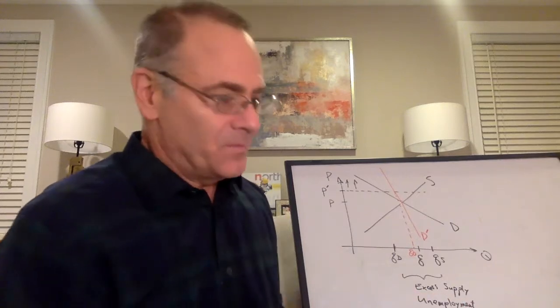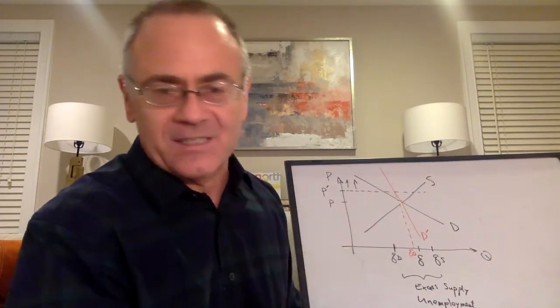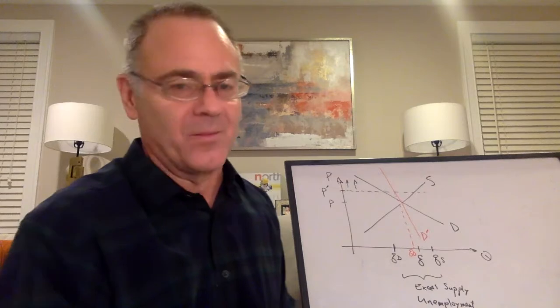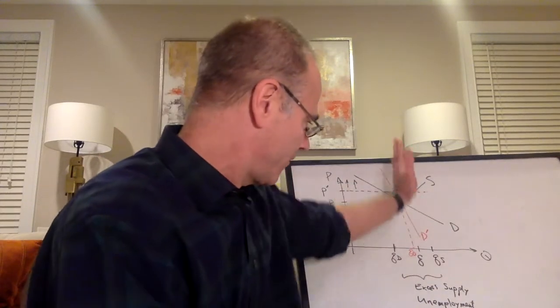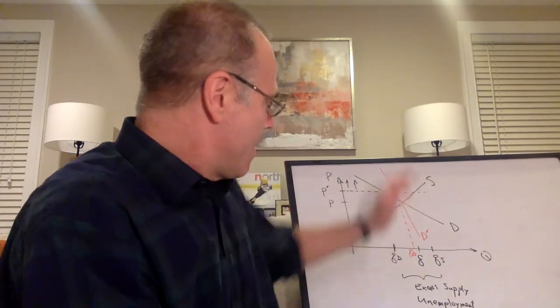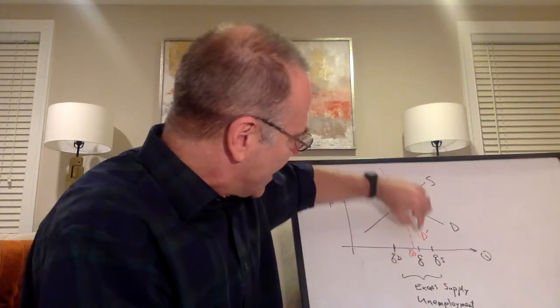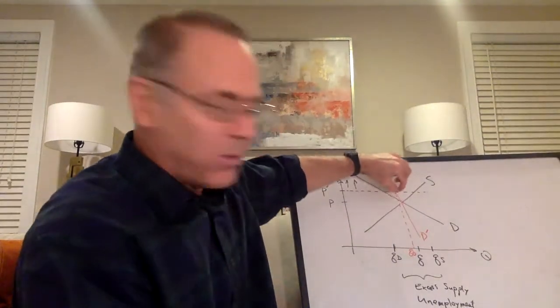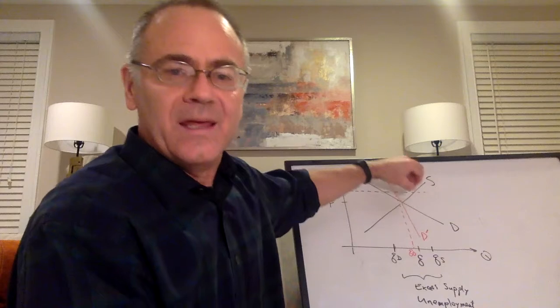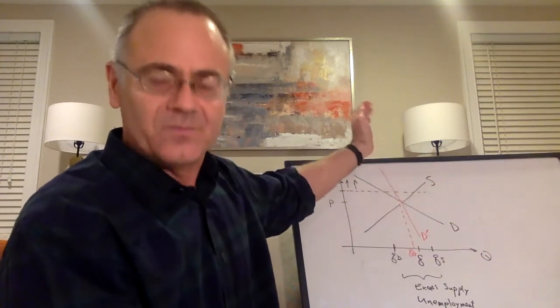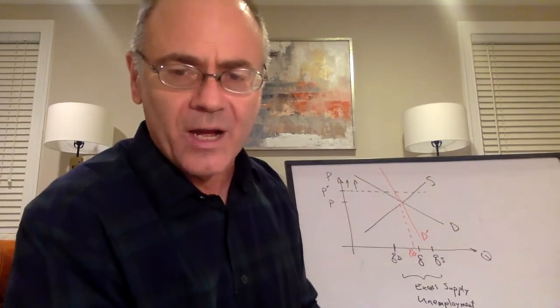But if that were true, people just had a fixed amount of time they were willing to work, no matter what the wage, that would give you a perfectly vertical supply curve. If so, you would get that case that unemployment would be essentially zero if you had a minimum wage increase.